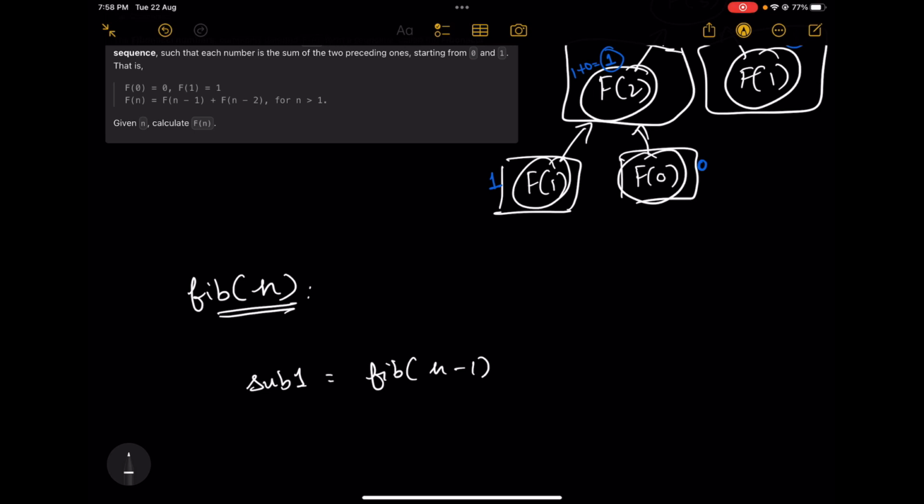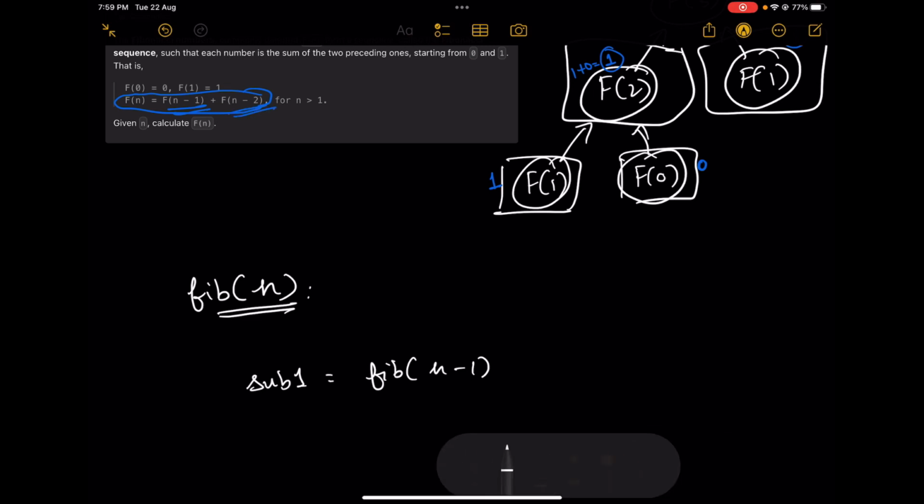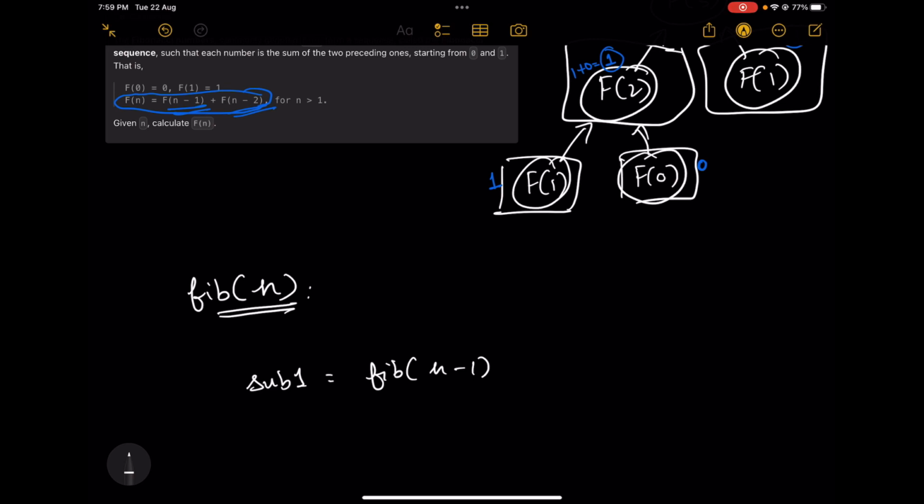To calculate the nth Fibonacci number, we need the n minus 1th Fibonacci number based on the recurrence relation given in the question itself. To calculate f n, we need f n minus 1, and the other subproblem we need is f n minus 2. So subproblem 1 would be fib of n minus 1, and this, if you notice, is a recursive call. This function fib is being called in the body of the function fib itself. So that's a recursive call.